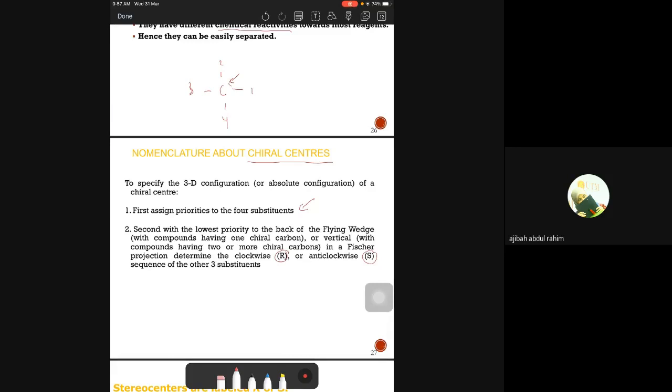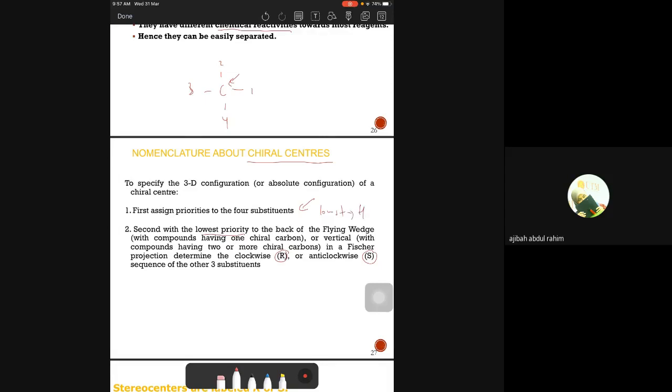Okay, once you determine the priority of the 4 substituents to this carbon, okay, the chiral carbon, the lowest priority substituent will be put at the back. Okay, according to the priority of the substituents, the lowest that you can have will always be hydrogen.